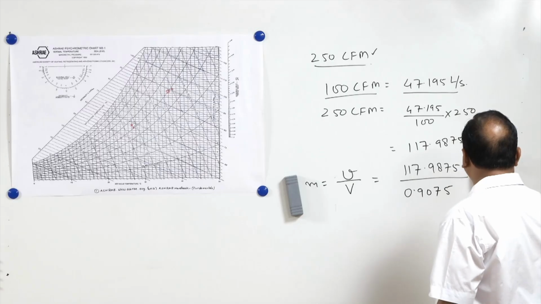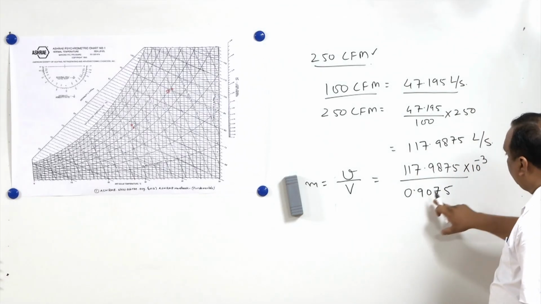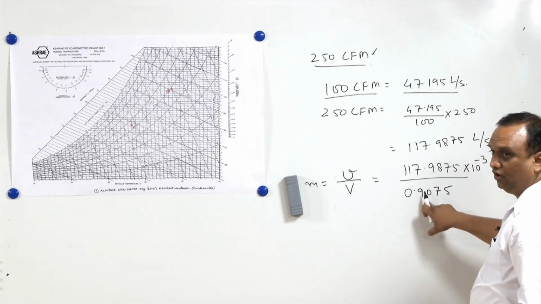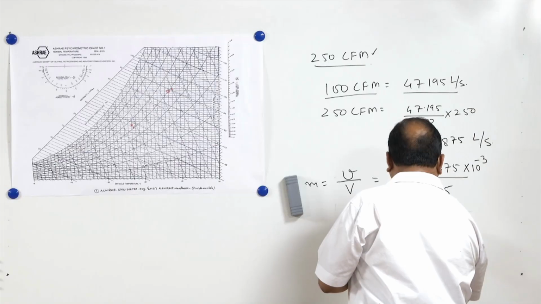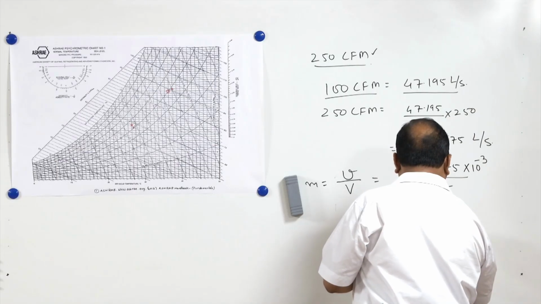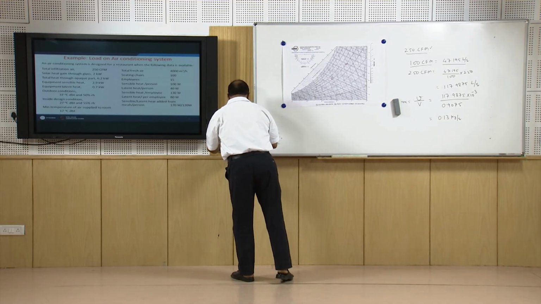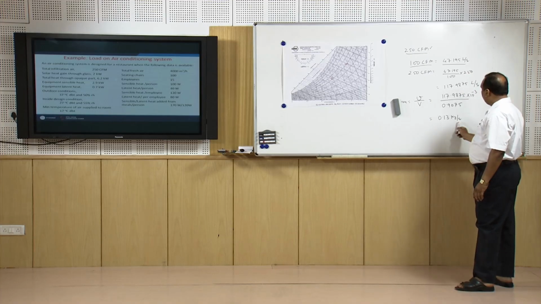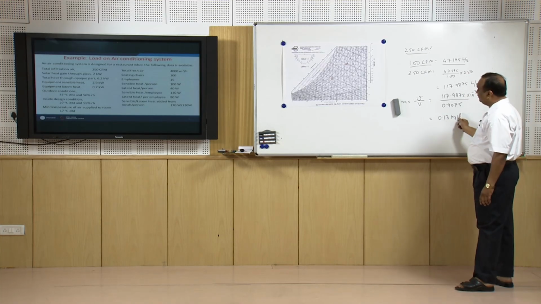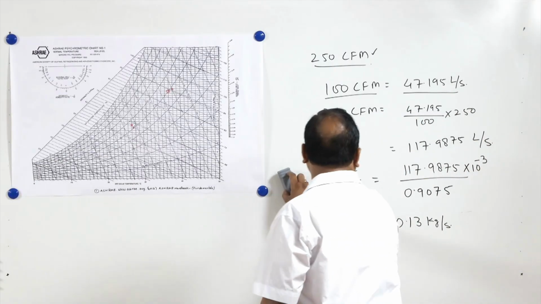This is liters per second, so this has to be converted into meter cube per second, divided by meter cube per kg of air. So this expression will give 0.13 kg per second. So the air which is getting infiltrated into the room is 0.13 kg per second. Now the latent heat and sensible heat associated with this mass flow rate shall come into the room in the form of infiltration.